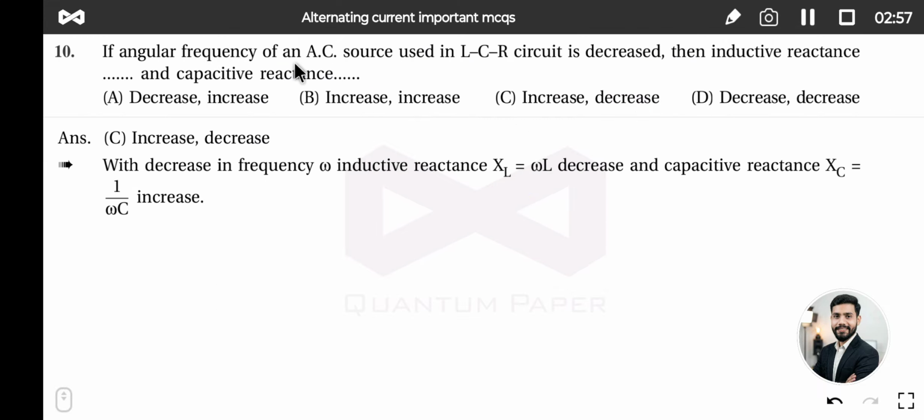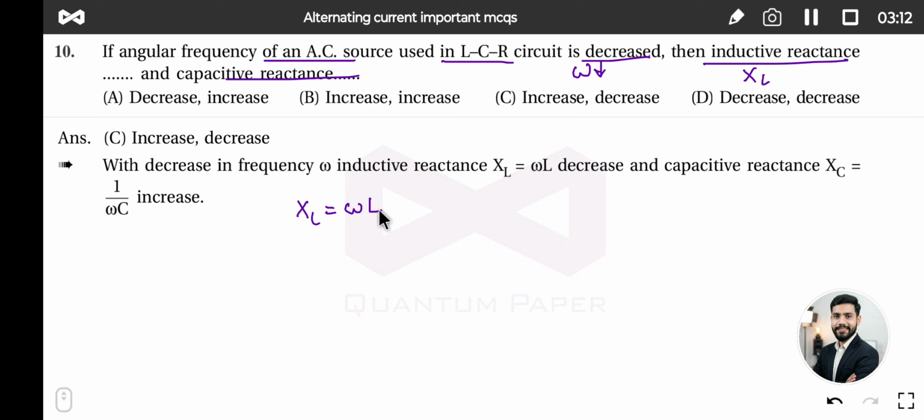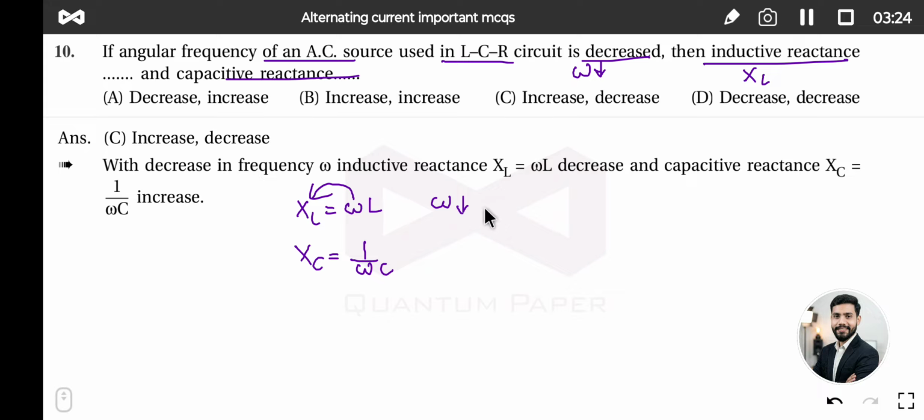Next question, the angular frequency of the AC source used in an LCR circuit is decreased. That means omega is decreased. Then what happens to the inductive reactance XL and the capacitive reactance? The inductive reactance XL is equal to omega L, and the capacitive reactance Xc is 1 upon omega C. Omega and XL are directly proportional, so if omega is decreased, XL is also decreased.